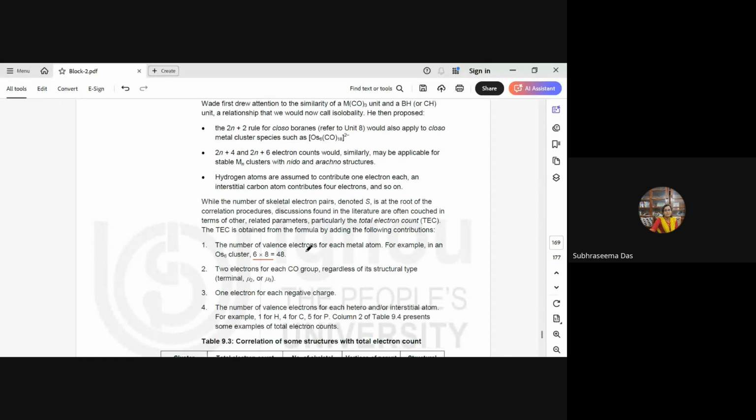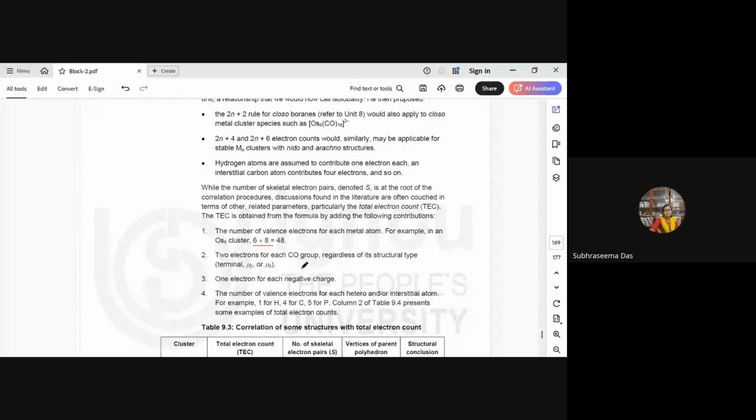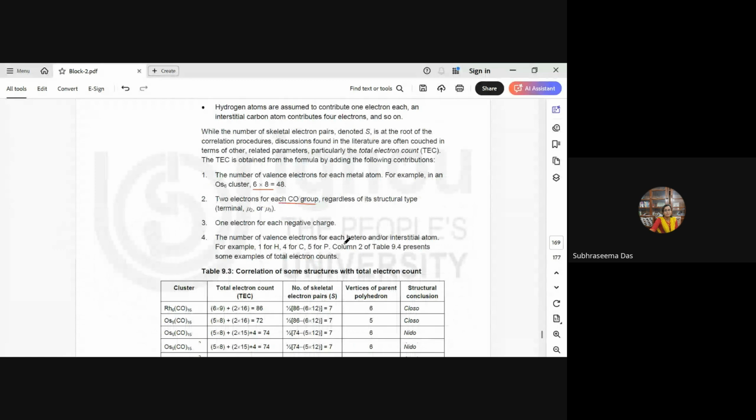So here 6 osmium and 8, it is 48. Then 2 electrons contribute for each CO group and 1 electron for each negative charge. So the total number of valence electrons for a hetero and interstitial atom has been given here.